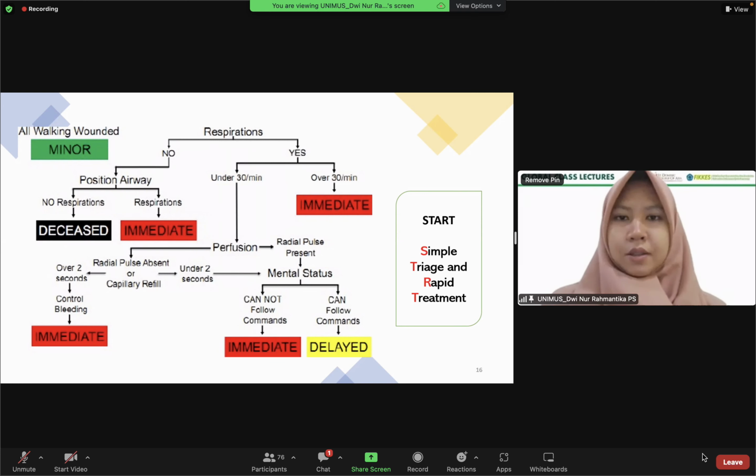We do the assessment based on respiration and perfusion. We go back to the primary survey: airway, breathing, and circulation.